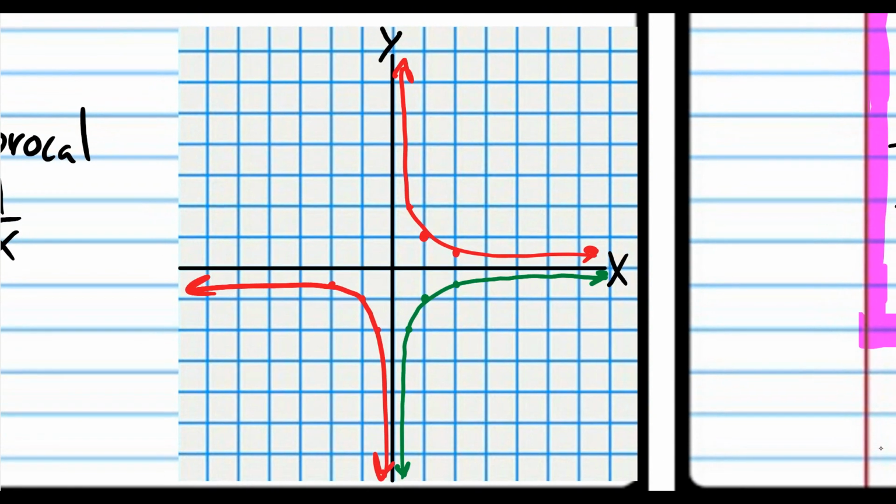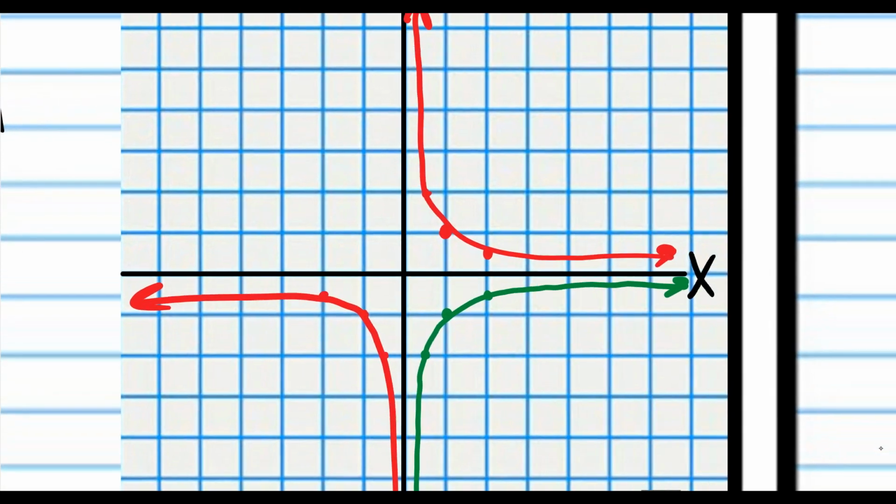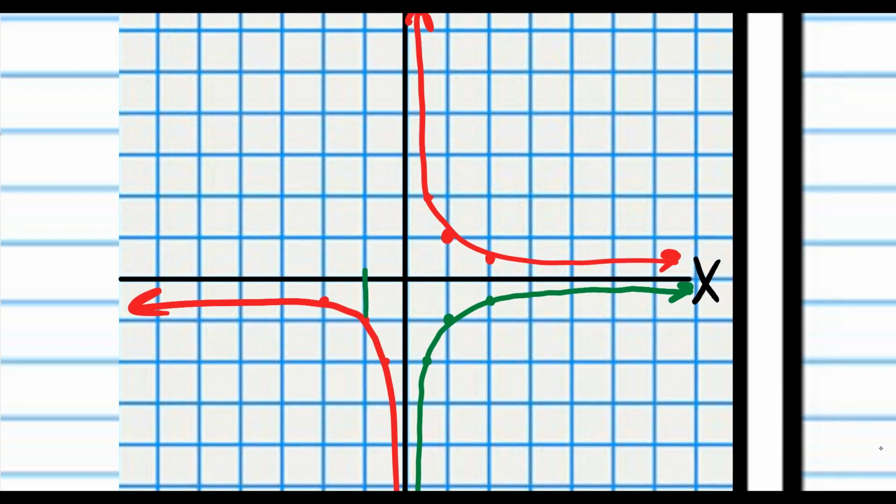And so we started up here on top of the x-axis and we reflected across the x-axis down here, but on this side of the graph we're starting below the x-axis, so when we reflect, we go up.